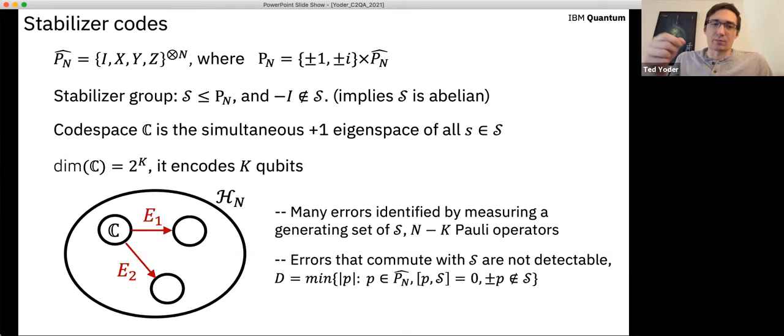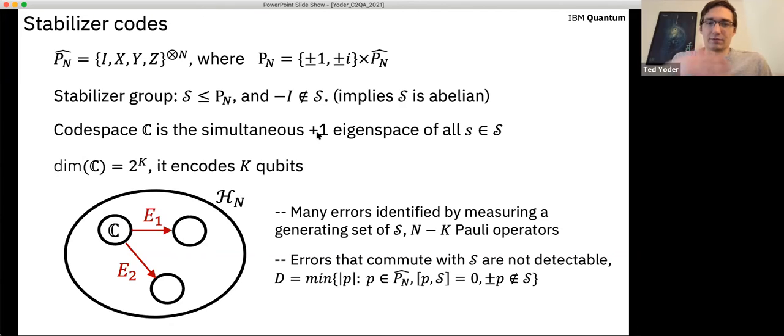And when errors happen, it will move you to an orthogonal space. And you can therefore identify these errors by measuring some generating set of the stabilizer. And you will see that some of the stabilizers are violated. Some are going to return -1 rather than +1, which you would expect if you were in the code space. So in this way, you can identify the error.